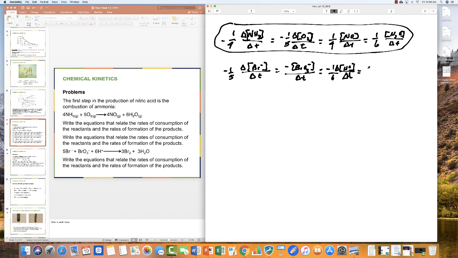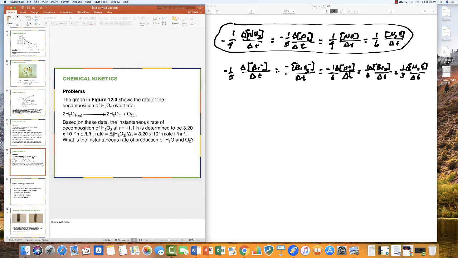And then that's going to equal 1 over 3, change in concentration of bromine over time. And that's going to equal 1 over 3, the change in concentration of water over time. So it's pretty straightforward. You take the coefficients that are in the equation and you put them in these various ratios.